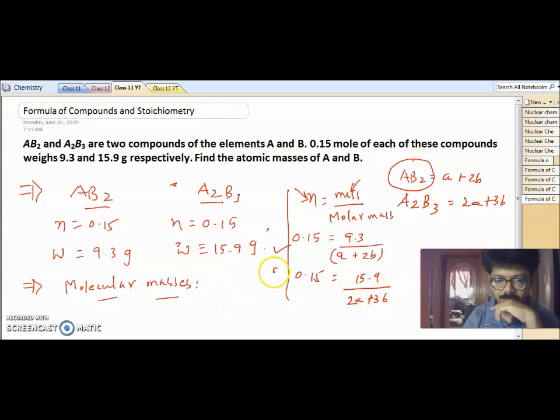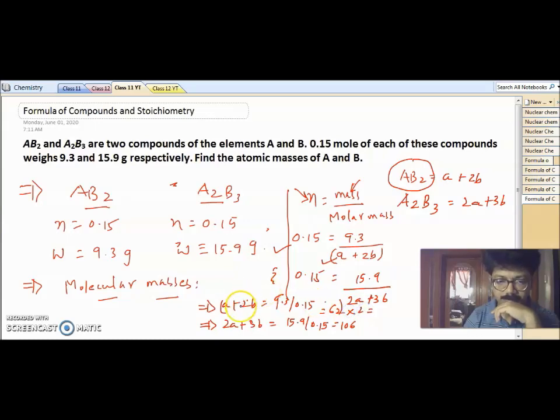When I make A plus 2B and 2A plus 3B the subject of the formula, I get A plus 2B is equal to 9.3 divided by 0.15, and 2A plus 3B is equal to 15.9 divided by 0.15. Got 62, and this is 106. Good. Now here it is 2B and here it is A plus B.